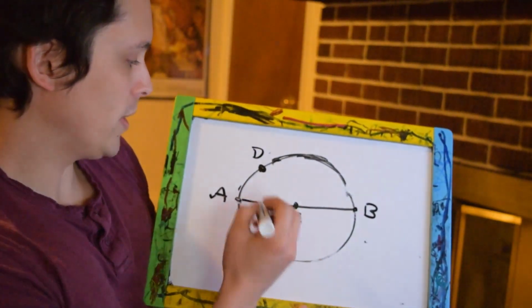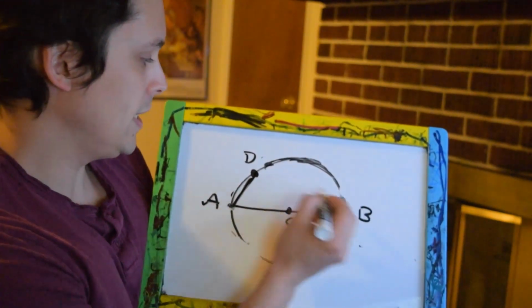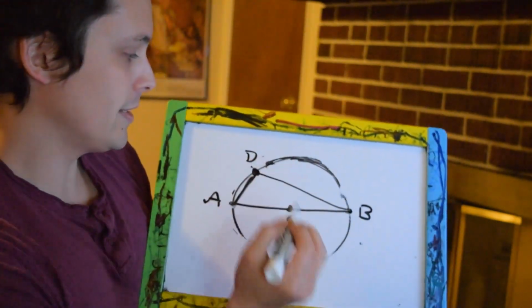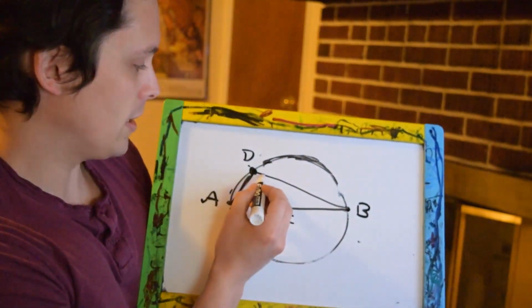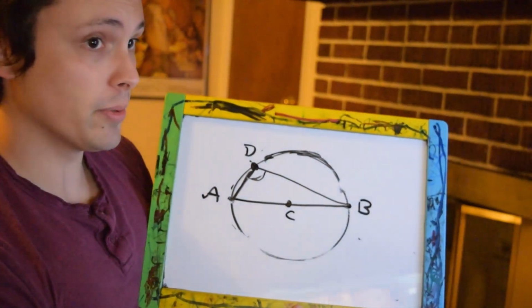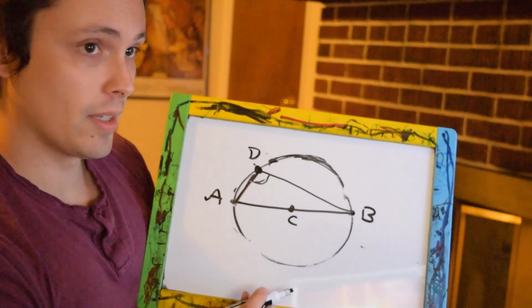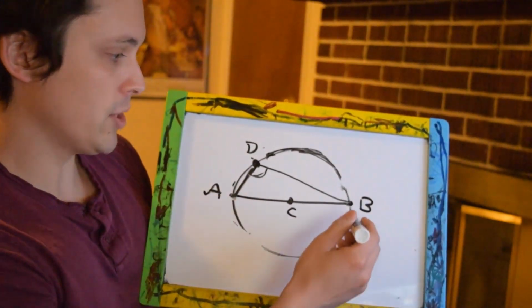So let's think about what that would mean. If I connect A to D and B to D, we have now formed an inscribed angle. This inscribed angle right here. And my question to you would be, based on what we just talked about, what would we predict this angle has to be? Well, think about what is the arc measure we're talking about.